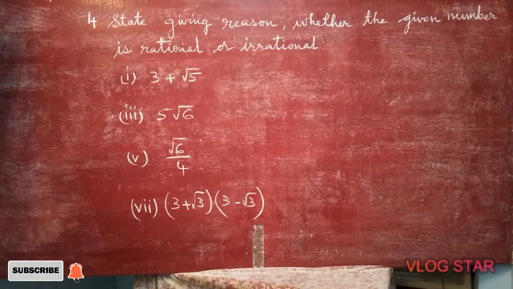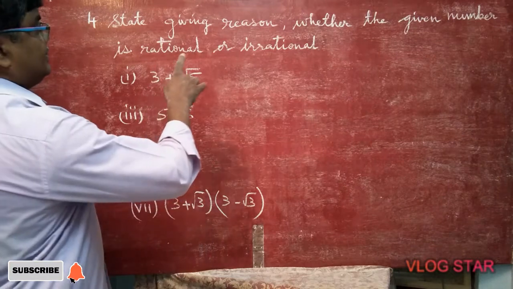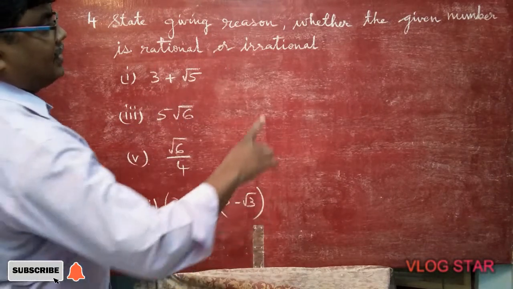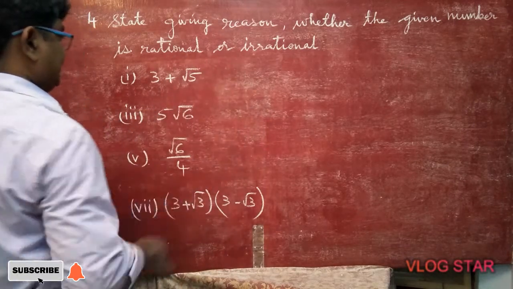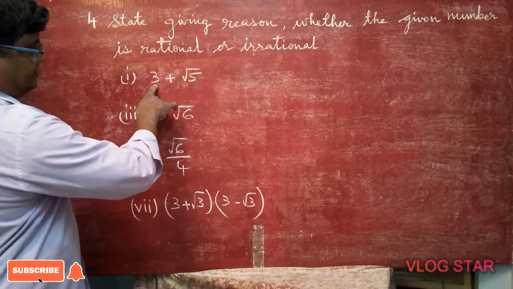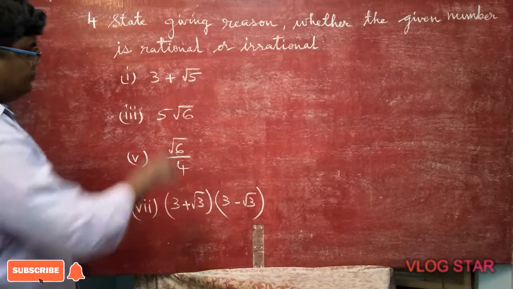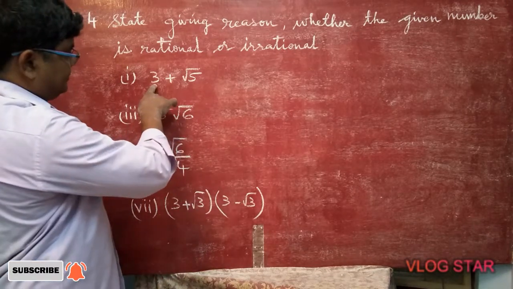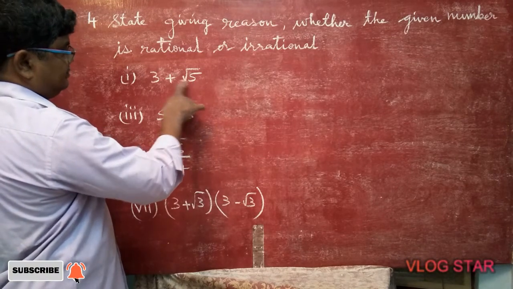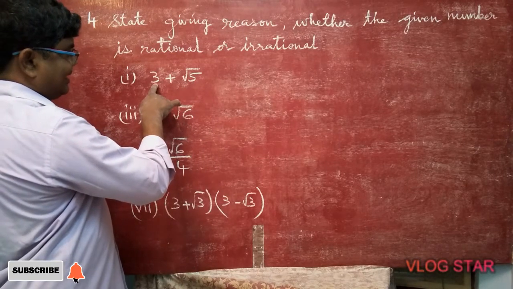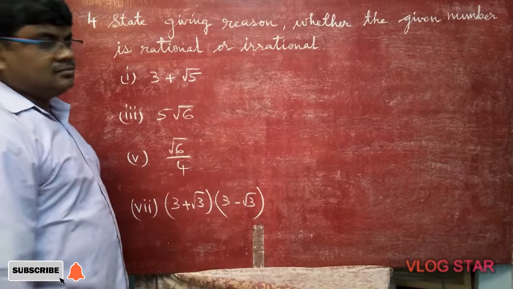Fourth problem. State giving reason whether the given number is rational or irrational. 3 plus root 5. 3 is a rational number and 5 is an irrational number, not a perfect square. We can't add a rational with an irrational.